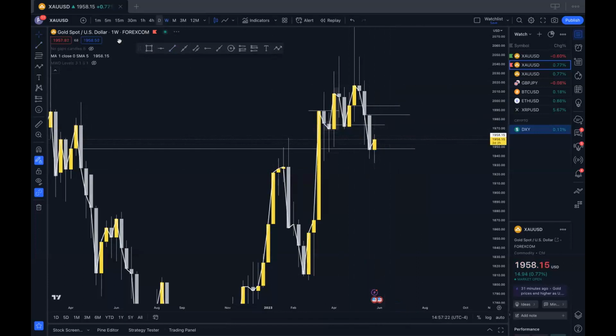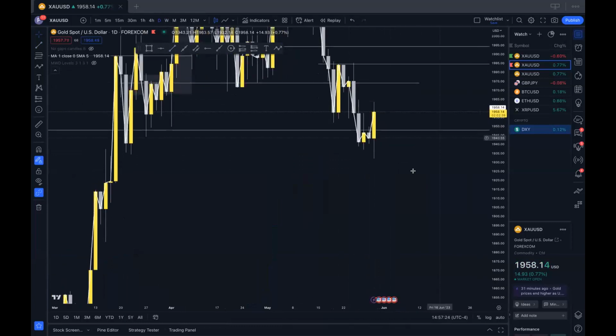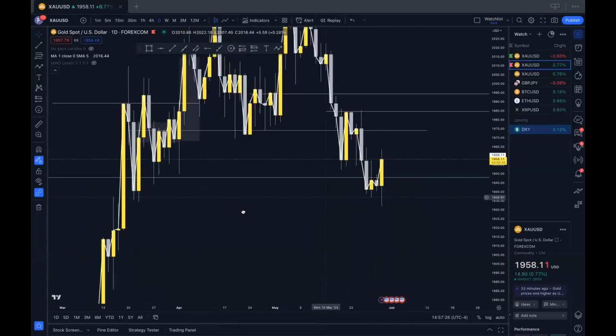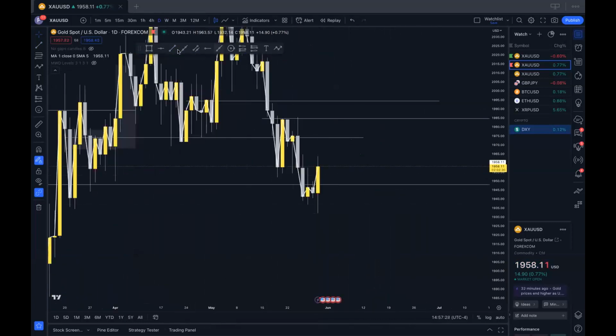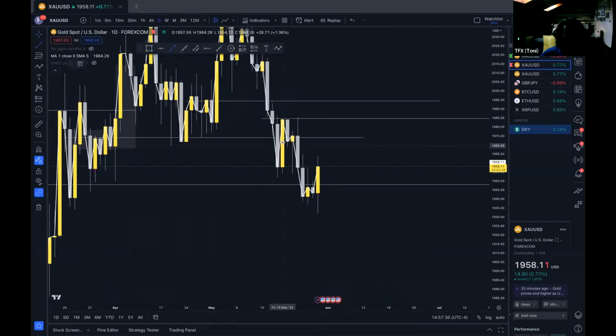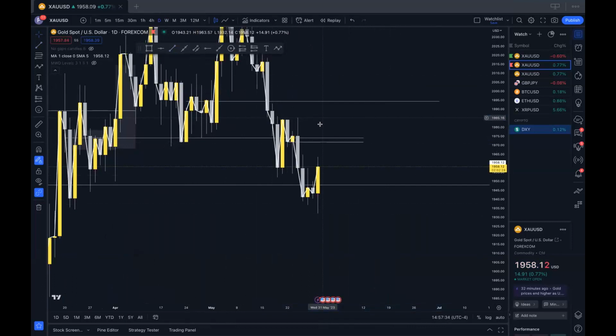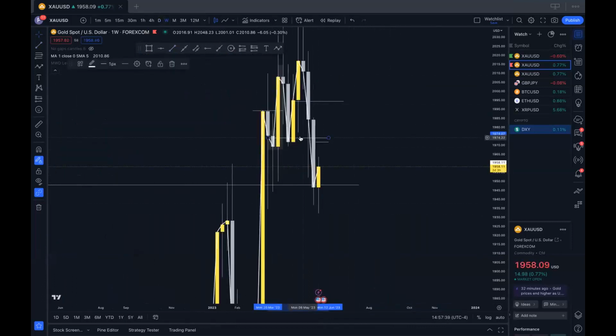Now, if you go into daily, again, what can we see on the daily? You have this engulfing look right here. I don't want to confuse you guys, but let me actually go back into weekly. I'll take this out, this out, and this out, and focus on the most recent one.